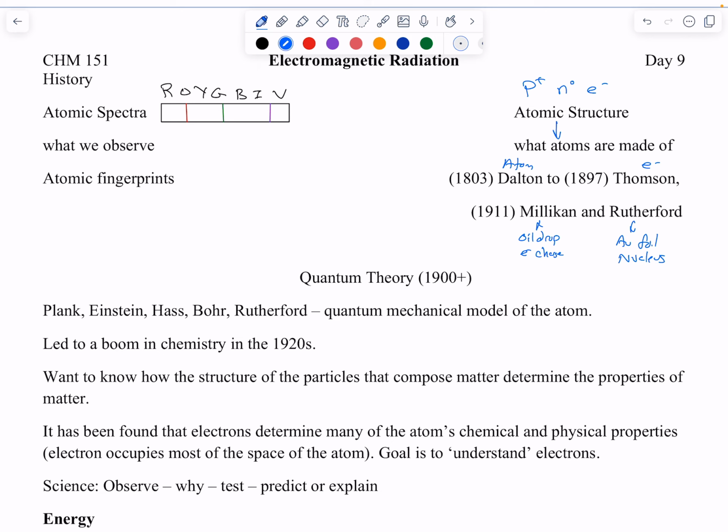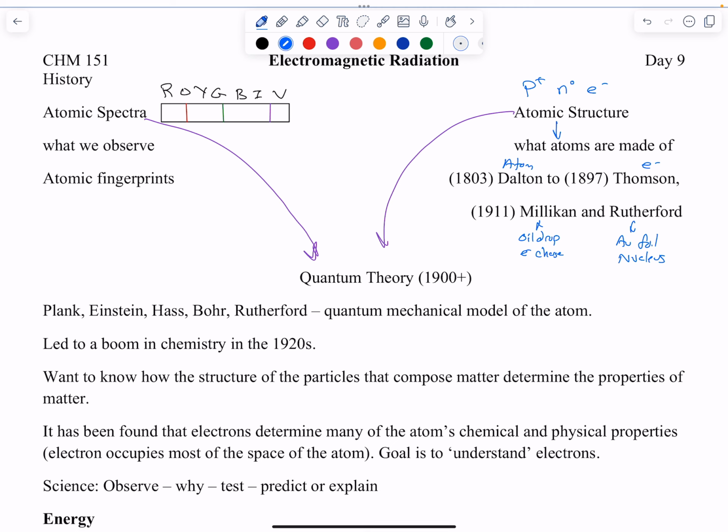After they took the spectroscopy from these atomic spectra to the atom structure itself, both of these led to quantum theory.